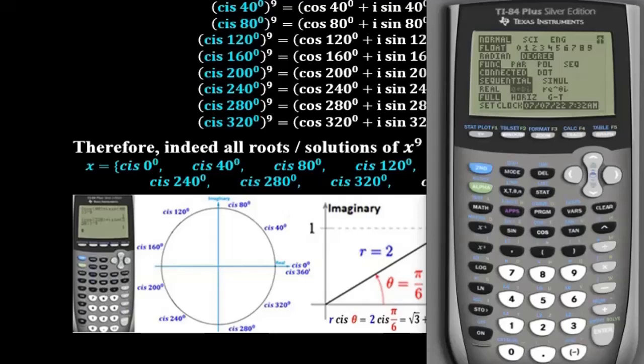So after that, quit from here, then open parenthesis, then cosine.